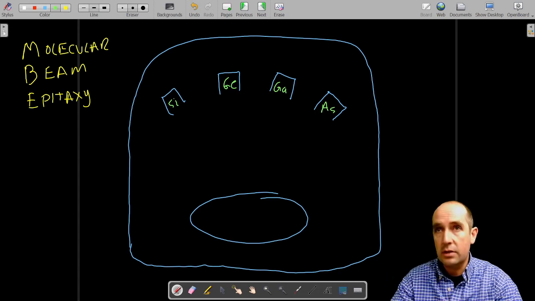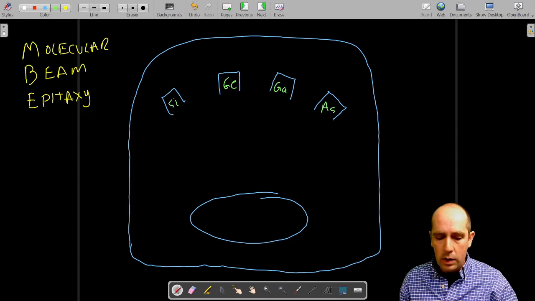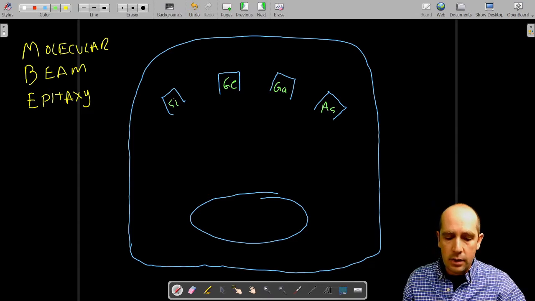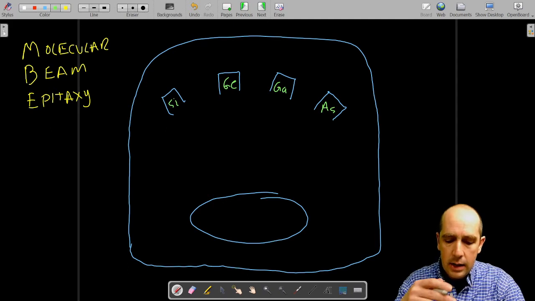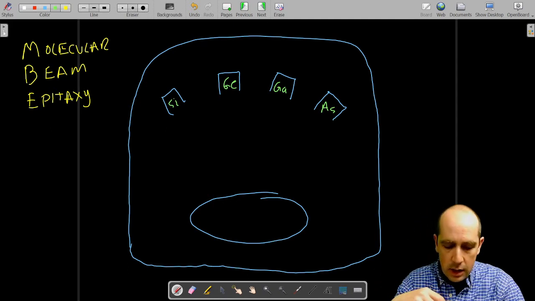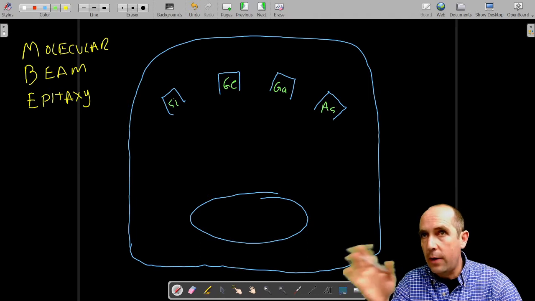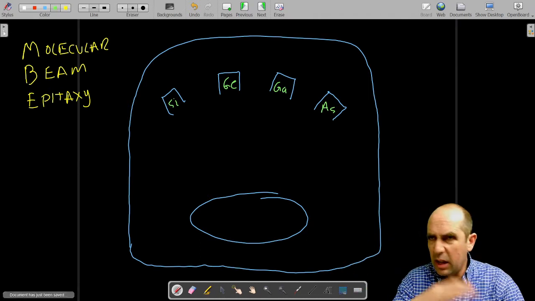So for example, if it's a silicon wafer and we want to keep growing silicon, then we will have, of course, a silicon furnace there, or a silicon source, and we can have different dopants, gallium and arsenic, for example, which are elements from group 3 and 5, for example, but they could be many.